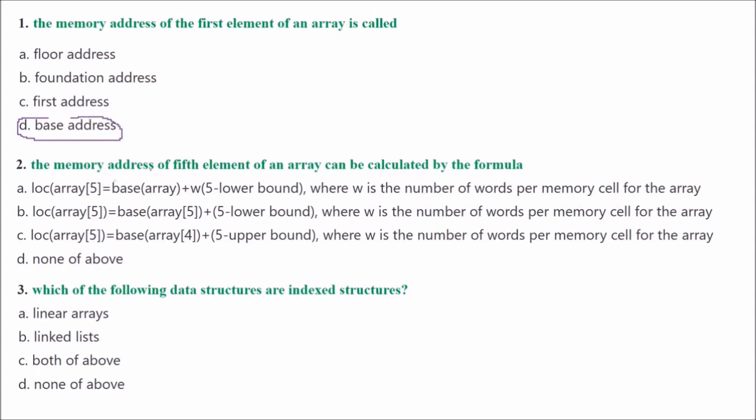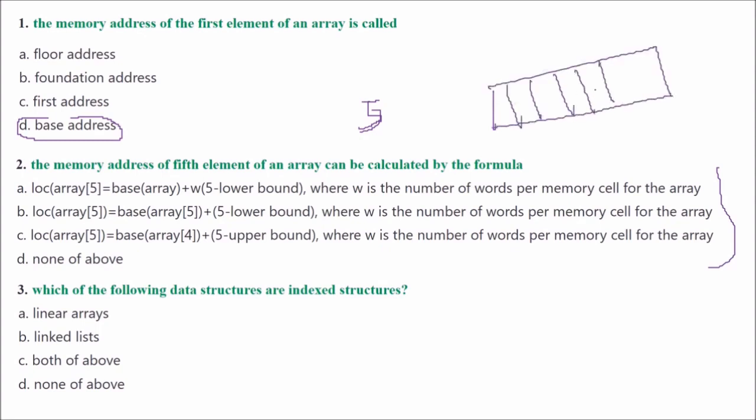Next, the memory address of the fifth element of an array can be calculated by which formula? These are the options for you. This is an array, and you have to find the fifth element. You have to find the memory address of the fifth element. So the base address of the array plus the width W, since it can be an integer or character, times 5, this is the fifth, minus the lower bound.